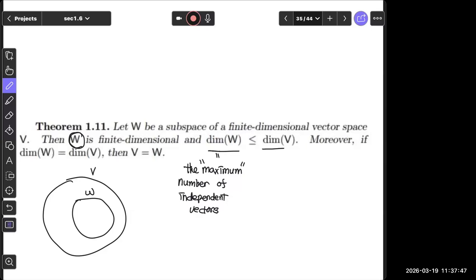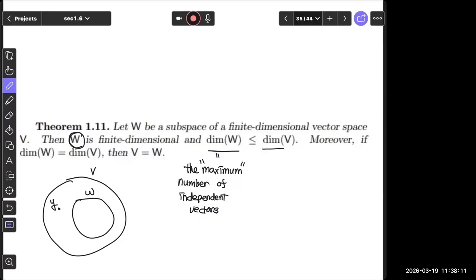So that means the maximum number of independent vectors are the same. Then V must be the same as W. Otherwise, if V is different from W, then there must be some element Y outside of W, right? Then we have a problem.